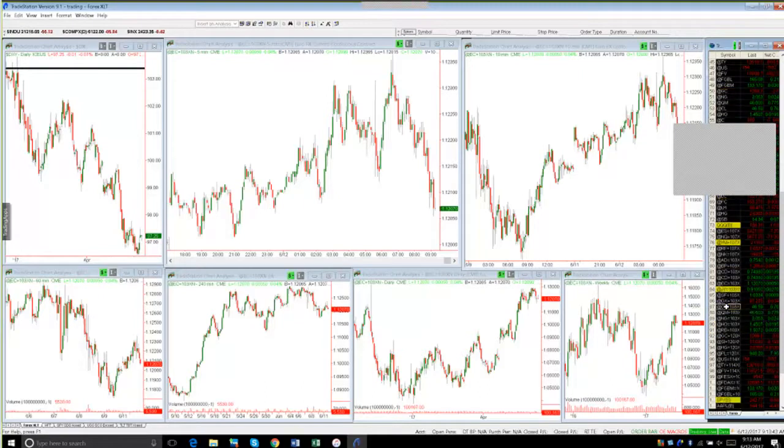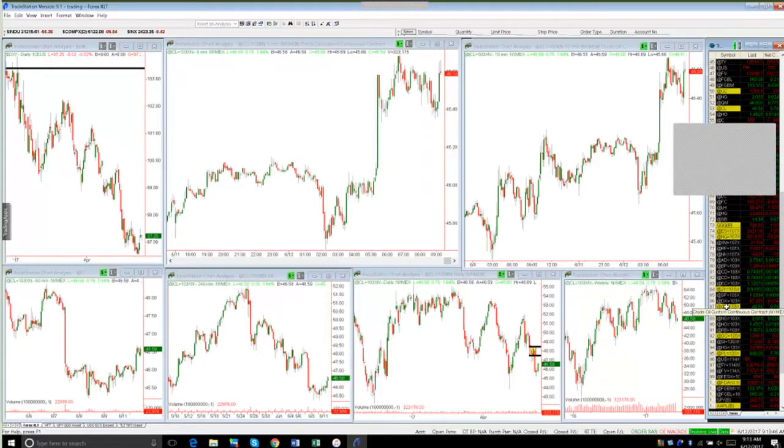Also with that dollar demand, the dollar comes down, likely to go higher. So we want to look for a possible shorting opportunity in oil, which I really like. Oil in the larger time frames is strongly suggesting it's going to move back down to the low 40s or upper 30s.